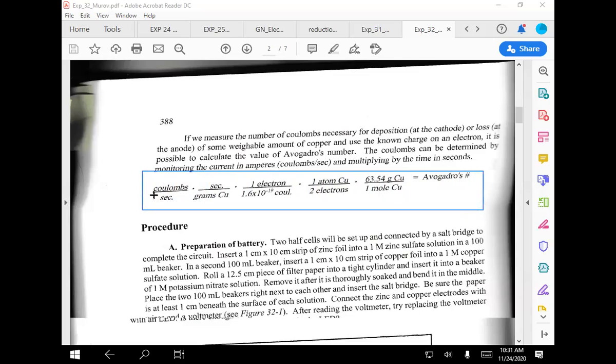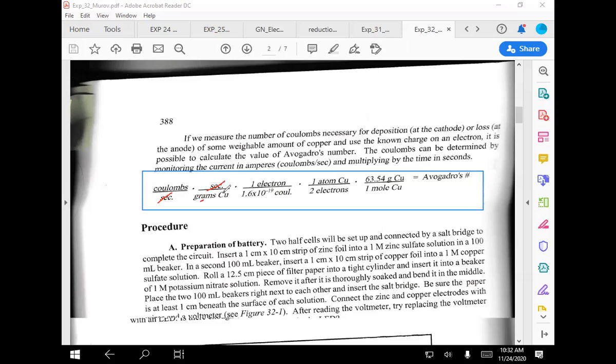If you look at the units and the way the units work out, we have a coulomb over a second. And then the seconds would cancel. If you had seconds per grams of copper, the seconds would cancel.